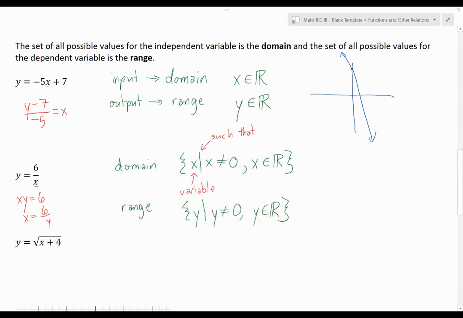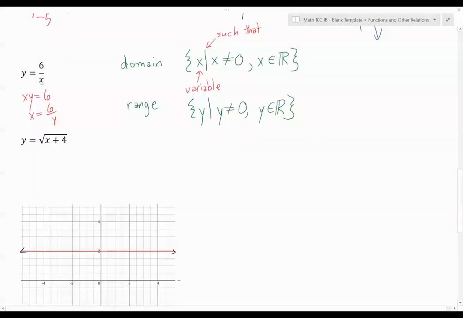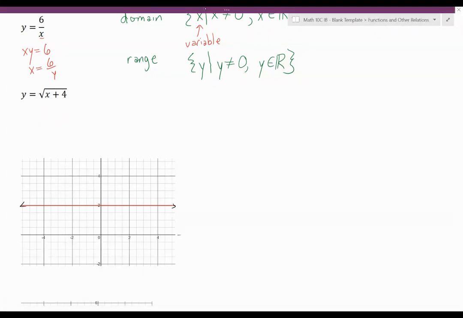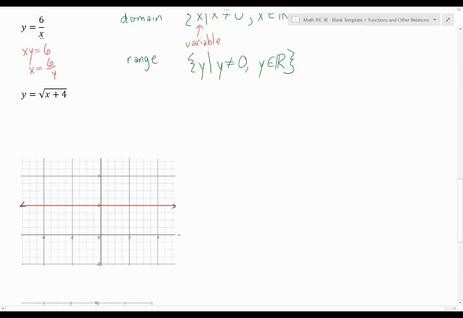If I have this square root relation down below, so y equals the square root of x plus 4, again, I'm going to have a restriction because there are restrictions for square roots. The square root of something only exists as a real number if the something, the radicand, is greater than or equal to 0.